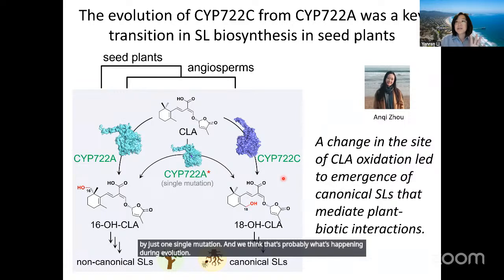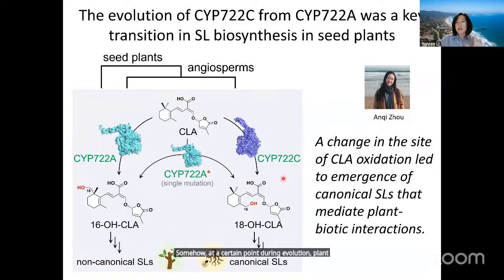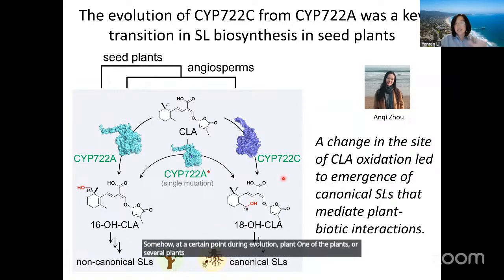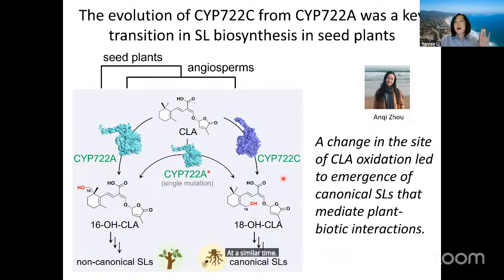Somehow, at a certain point, one plant or several plants at a similar time gained a single mutation, got 18-hydroxy-CoA catalytic activity, figured out the canonical strigolactone biosynthesis, and started using these canonical strigolactones to communicate with other species.